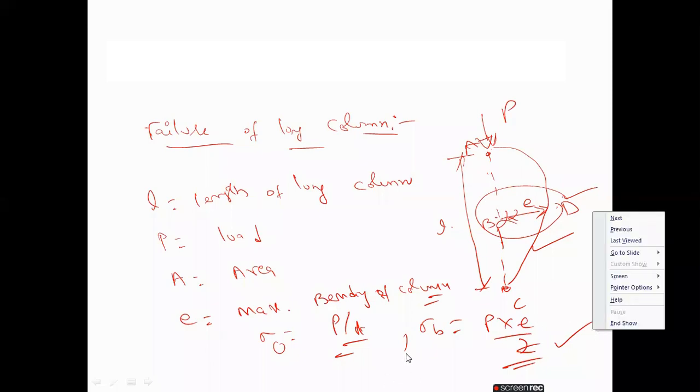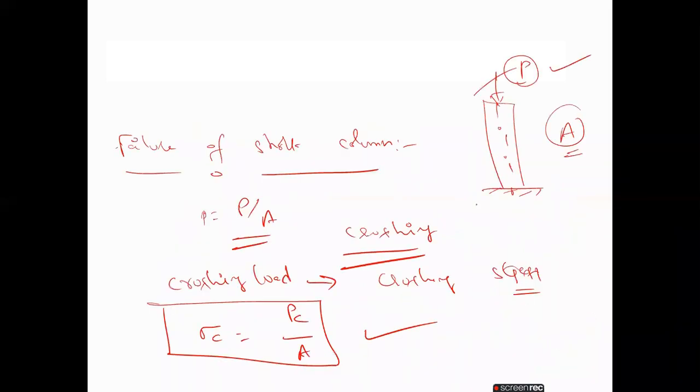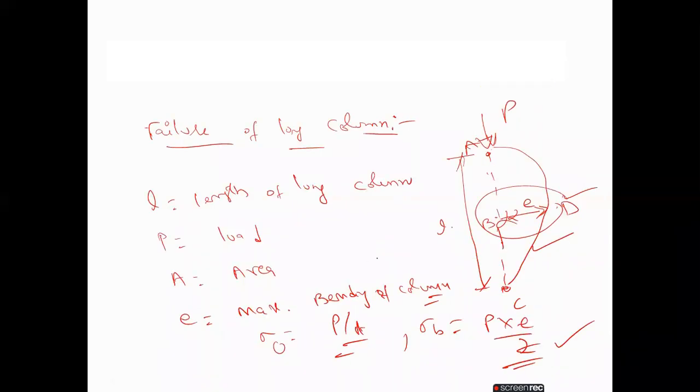Now we discussed the failure of the short column as well as the failure of the long column. Now coming to the Euler's column theory, we will write that one.